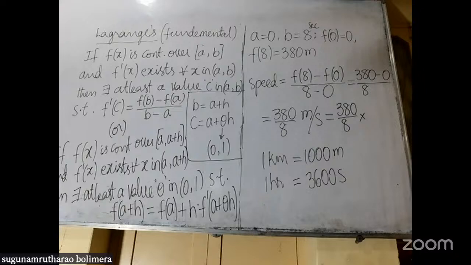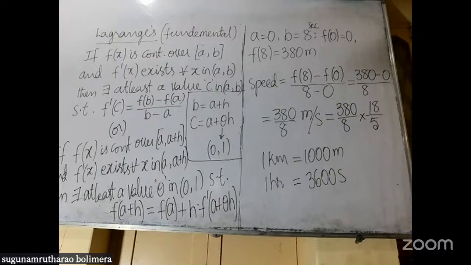So you have to multiply with 3600 by 1000, that is 18 by 5.